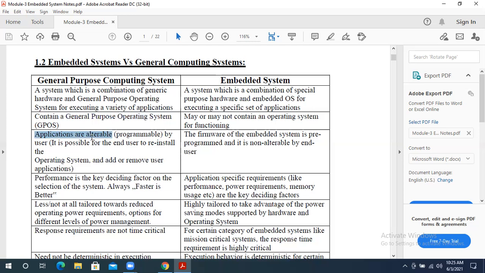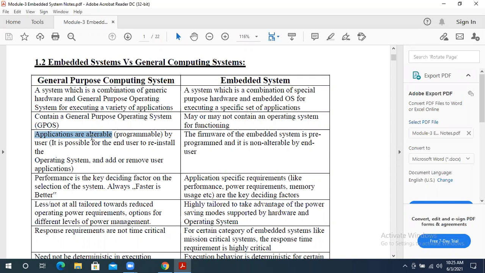For example, if you take an AC, we already have multiple options there. We can't change them, but we can manage the settings. We can't change the main core programs of the AC. In the same way, if you have a microwave oven, they give some options for cooking different items, but we can't add a new one here.